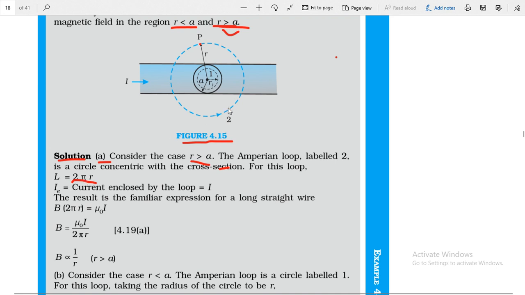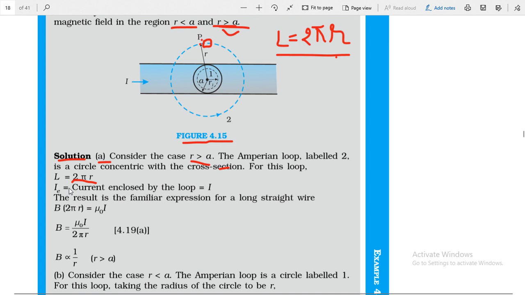So if you take any small element dl on this Amperian loop and integrate it over this Amperian loop, you will get the total length L, and that will be equal to 2 pi into radius, okay, 2 pi r. So I hope you understand this concept, okay.